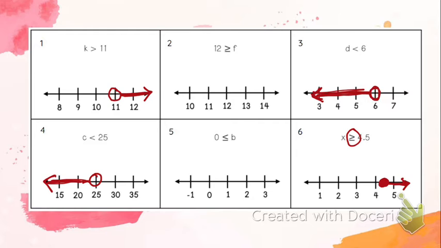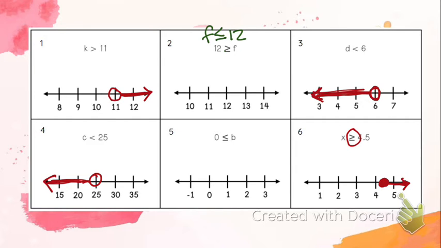Now, let's think back up here for a second. If I said that 3 is less than 5, that's the same thing as saying 5 is greater than 3. So if I say 12 is greater than or equal to F, that's the same thing as saying F is less than or equal to 12. When I flip the place of these two numbers, I have to also flip the symbol, okay?